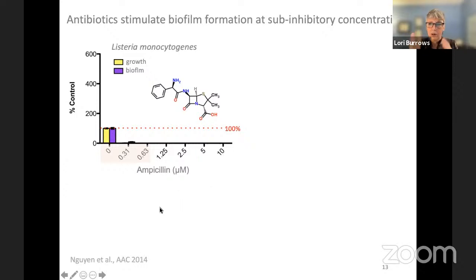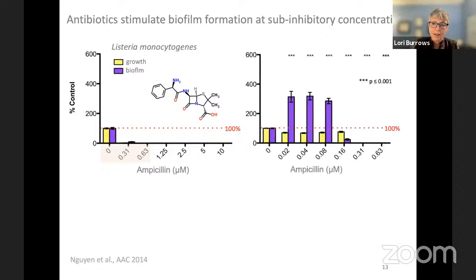So we decided to do a broader range of concentrations for this organism just to see what happened. And to our surprise, as we reduced the concentration down to this region that I have highlighted here, under 0.63 micromolar, we actually saw more biofilm, not less biofilm.